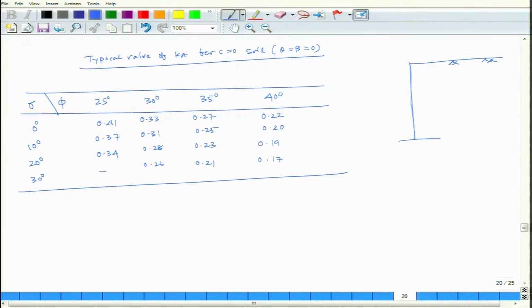So, these are typical values of delta varying from 0 degree to 30 degree.